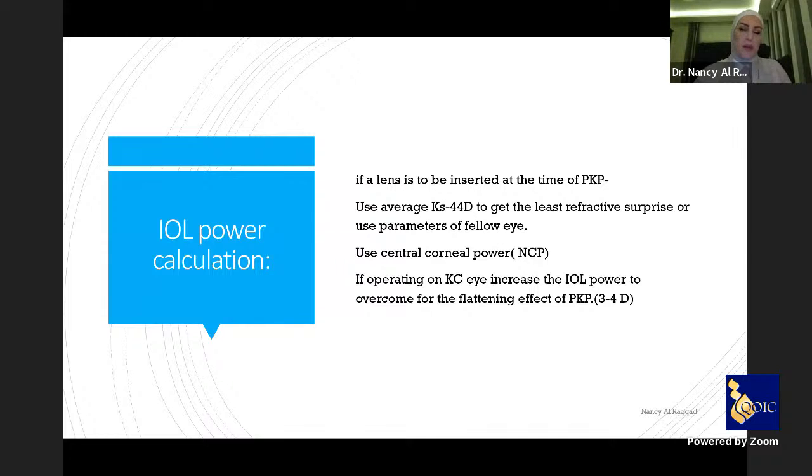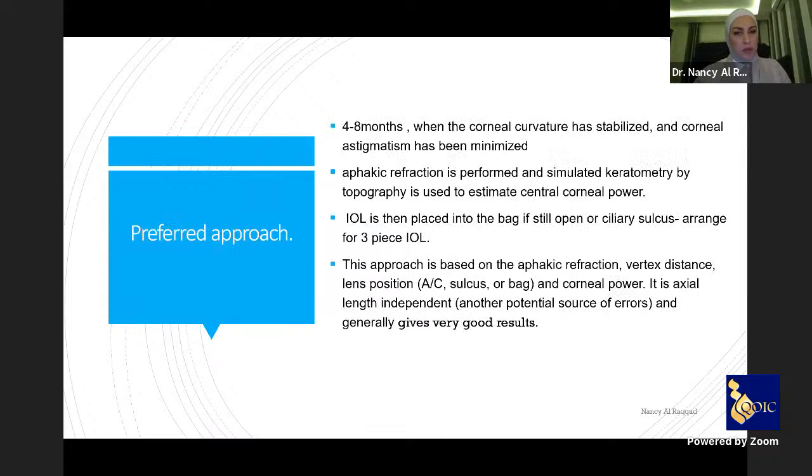But definitely we have to tell the patient about the refractive surprise and the need for maybe a touch-up or a tweak after the procedure.